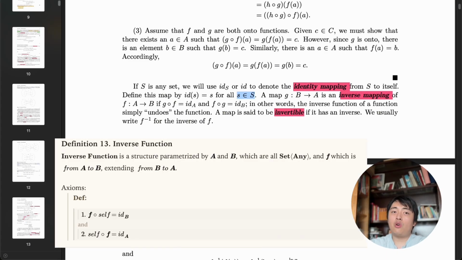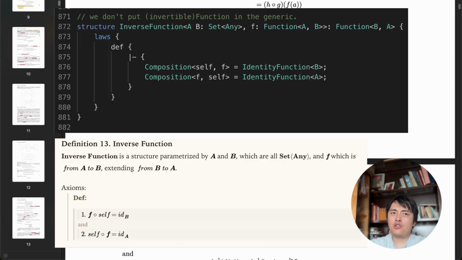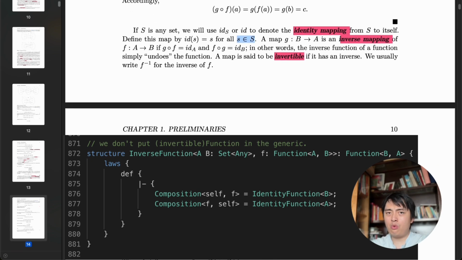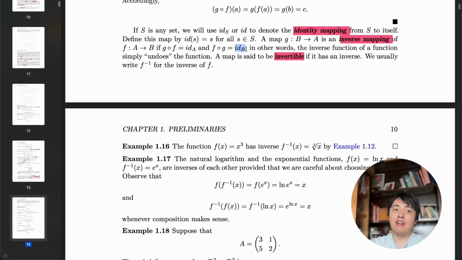This is also a structure that takes in a function and becomes another function. You can see that the inverse function relies on the identity function, such that the function composed with the inverse function becomes the identity function, because the function from A to B and then composing the function from B to A is eventually channeling the variables from A back to A in this loop.